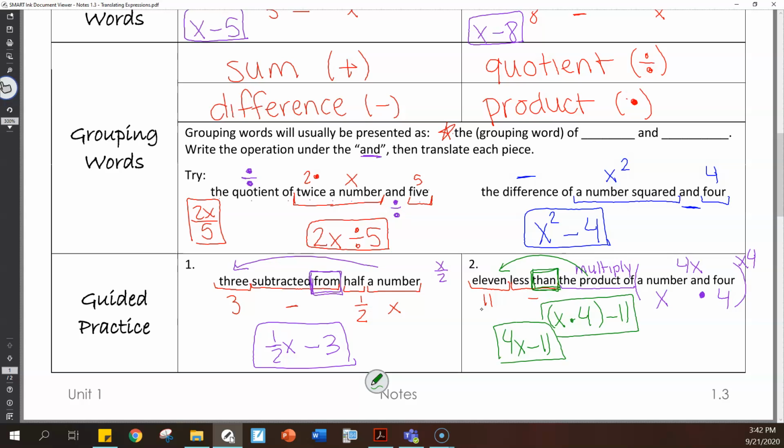So however you wrote this is correct. Okay? But it's less than the whole product, which means I need to make sure the number and 4 are staying together. If this is a little bit confusing, that's okay. This comes, like I said, with practice and with time. But I want you to write down any questions you have right now, and then I'll show you a couple more examples.